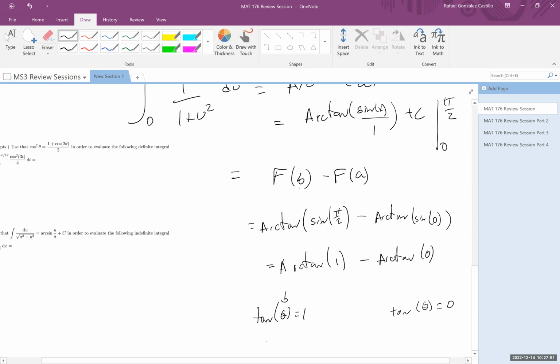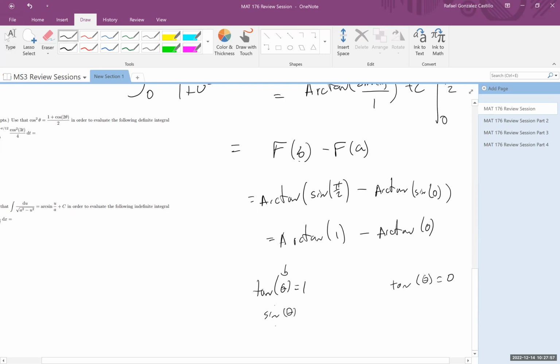If you know that tangent is sine over cosine, you could even use those techniques as well. But I'm going to leave it like this. If you want to compute this, it is not too difficult, but I trust that if you're in calculus 2, you should be able to do that much on your own. So sine theta over cosine theta equals 0. So you could figure this out as well.